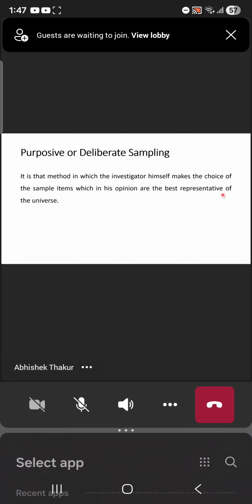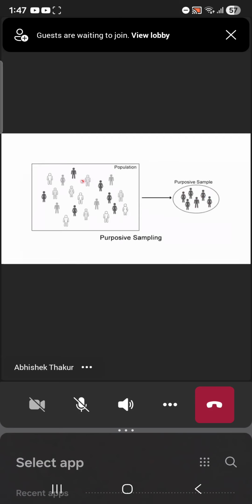So this is the method of purposive sampling. Like this is a whole population, and the researcher selected only the black marked persons based on his own opinion.